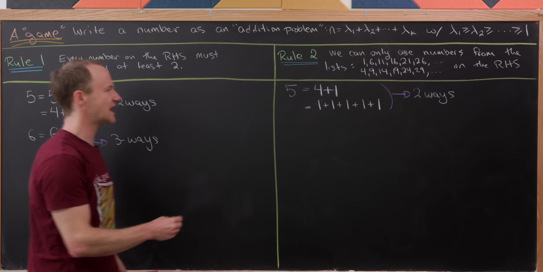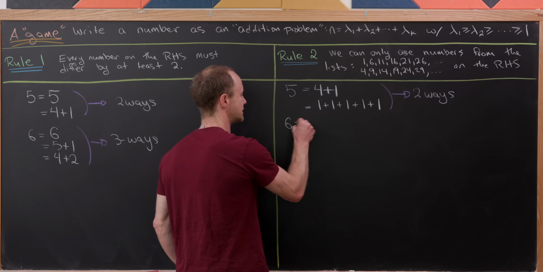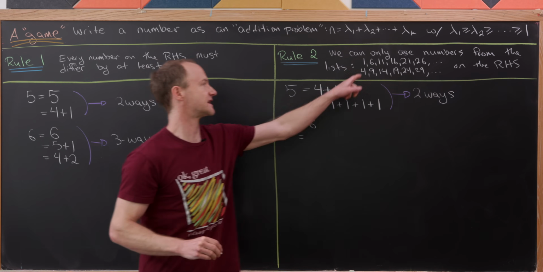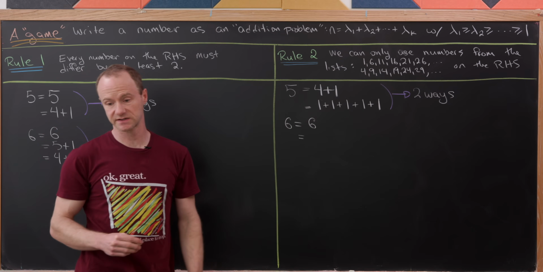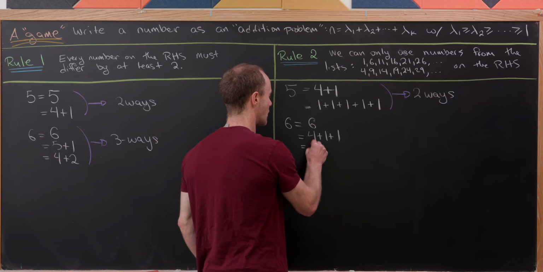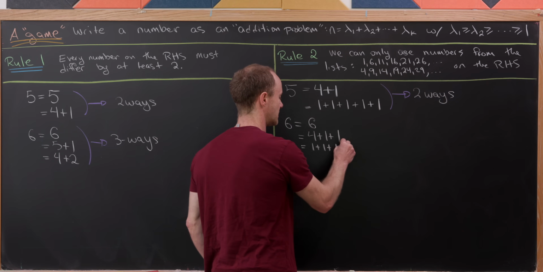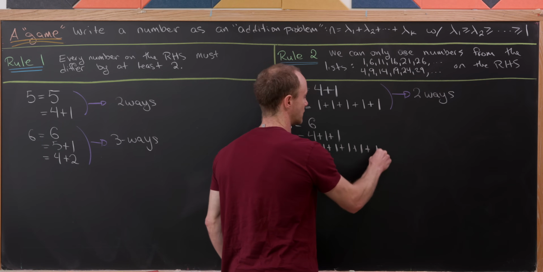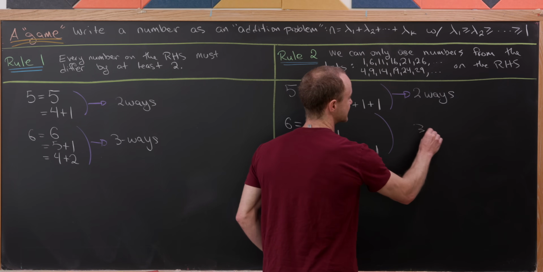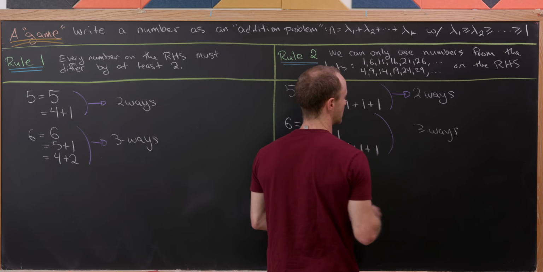And now let's see how many ways we can do it using rule 2. So we can decompose it using 6 itself. Notice that's in our first list. We can decompose it as 4 plus 1 plus 1, or 1 plus 1 plus 1 plus 1 plus 1 plus 1. Again, there are 3 ways in this case as well.